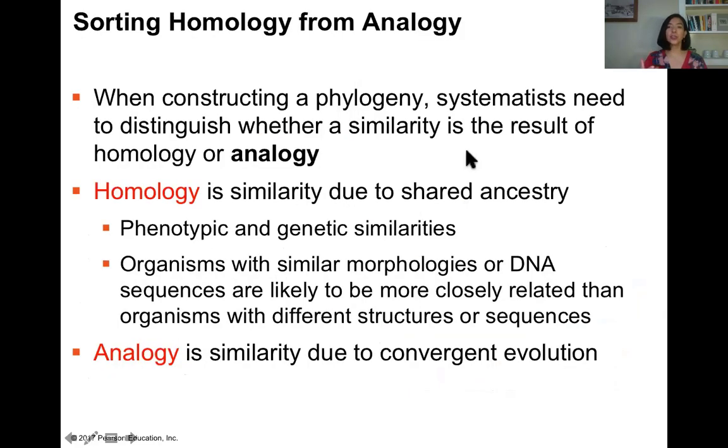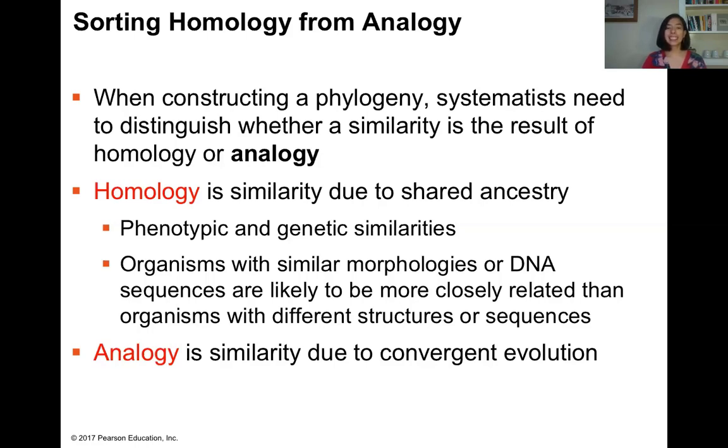Okay, these are two concepts that are important when reconstructing phylogenies, when we're using these types of traits. These concepts are homology and analogy. Homology, we have talked about briefly before.